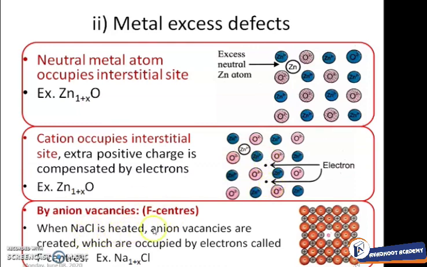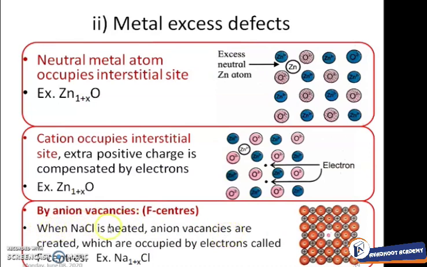Now another way of generating a metal excess defect is when sometimes there is an anion vacancy. This is a very rare case. If there is an anion vacancy, automatically there will be extra positive charge or metal excess defect.